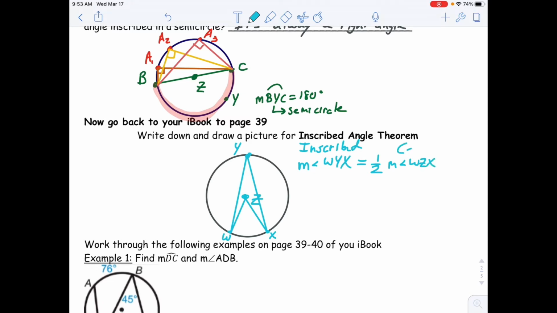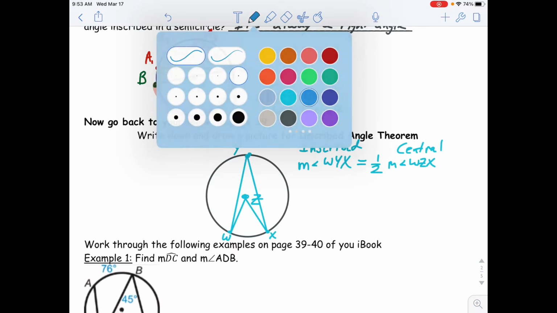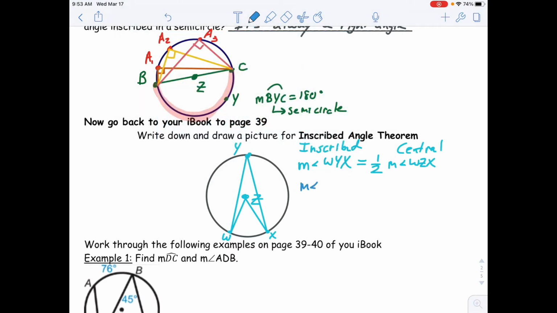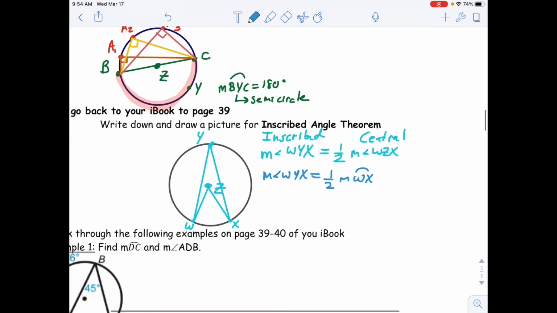That's a central angle. That's a fact about it. Furthermore, we could also write the measure of angle WYX equals half the arc measure of WX. Basically, an inscribed angle is half the central angle.